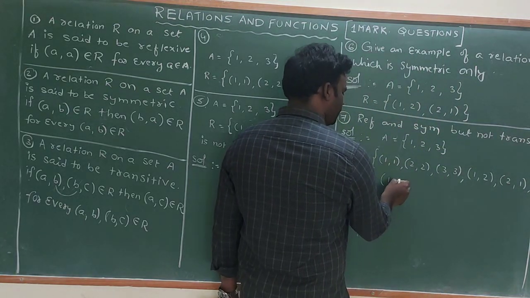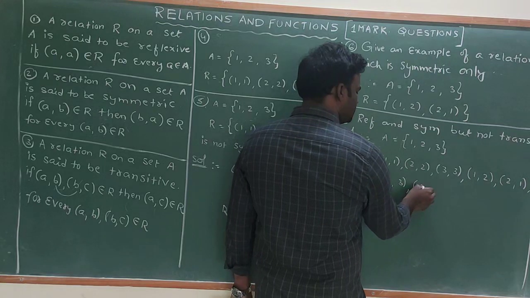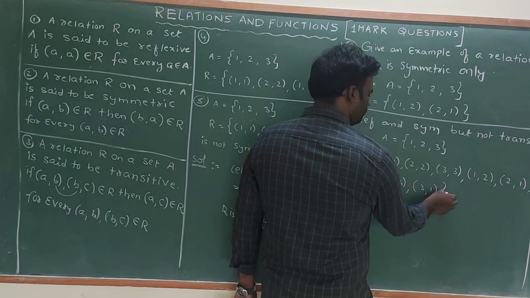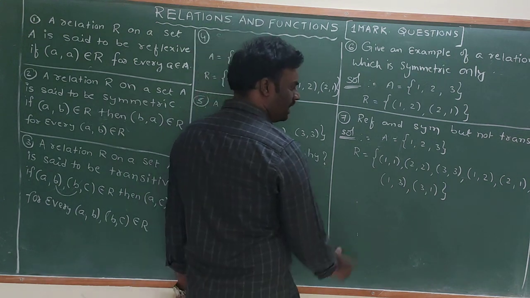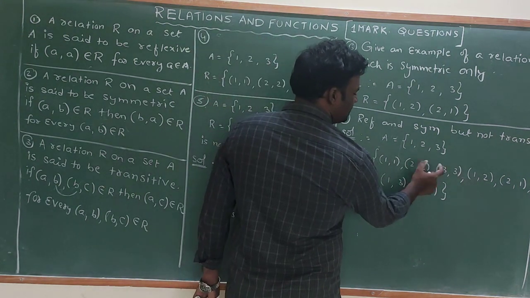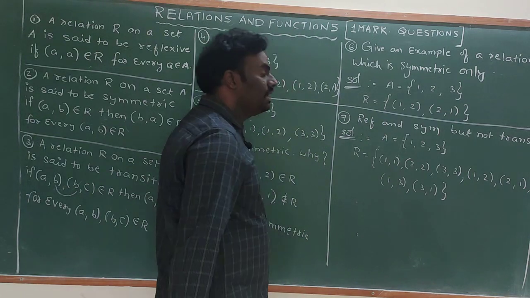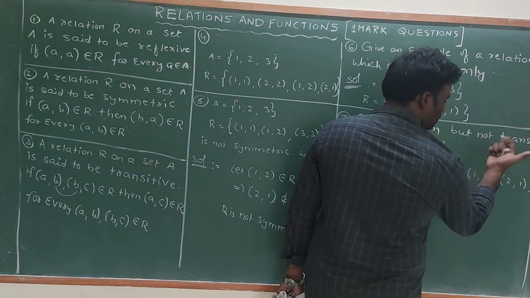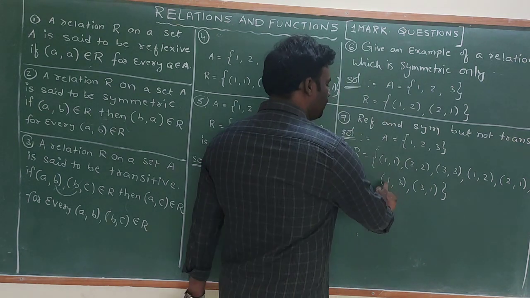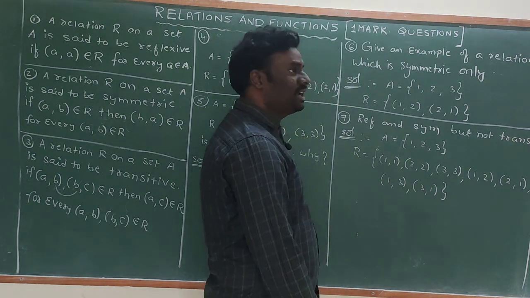If you take 1, 3, the reverse is 3, 1. See, I took this example. This is reflexive because 1, 1 is there, 2, 2 is there, 3, 3 is there. It is symmetric because if you take pair 1 comma 2, the reverse will be 2 comma 1. If you take 1 comma 3, the reverse will be 3 comma 1.